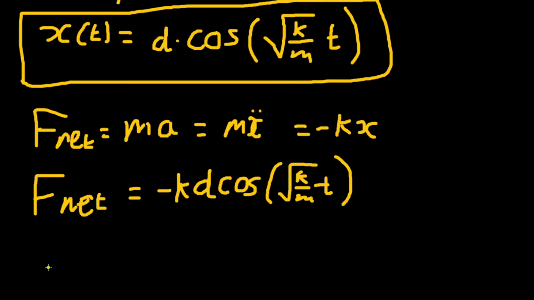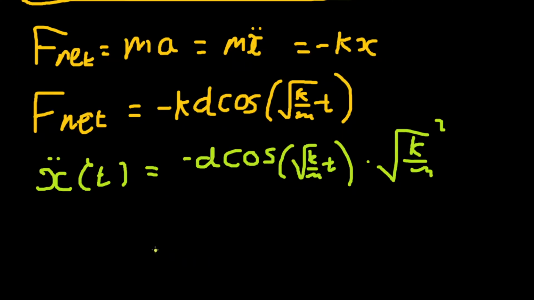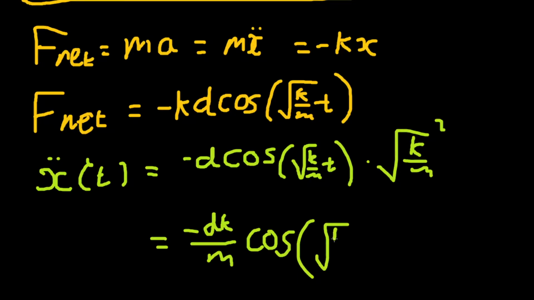We just get that x double dot of t is negative d times the cosine of the root of k over m times t, multiplied by k over m, which is just negative dk over m times the cosine of the root of k over m times t.